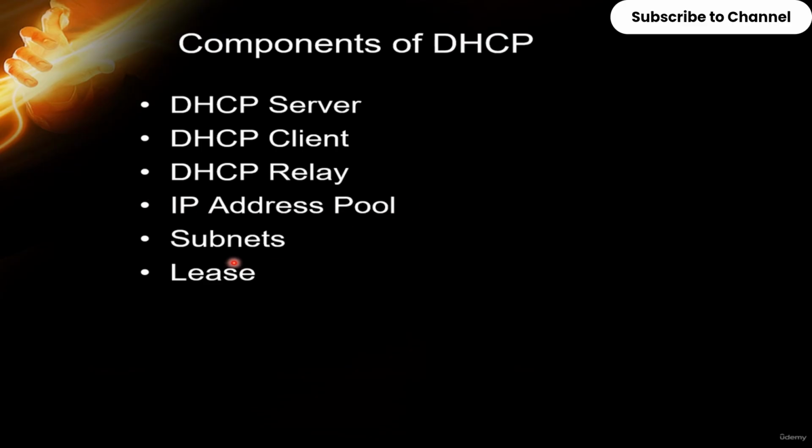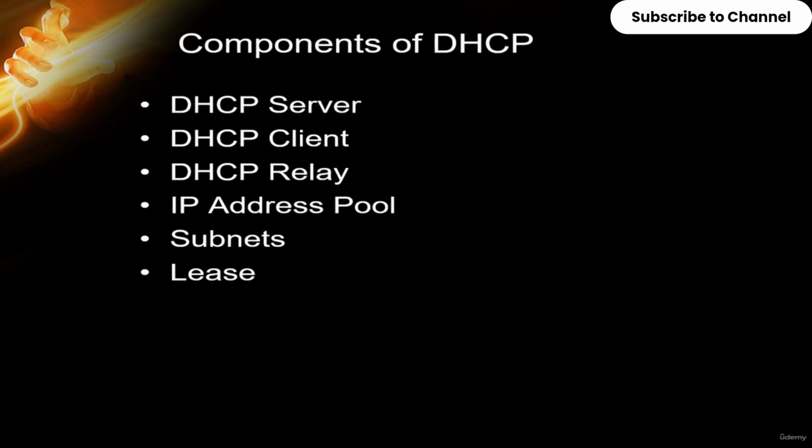Then the subnet maintains a partition of the network controlled by the DHCP server, and each section, like section A, section B, has its own subnet. And finally, lease. Lease is the duration for which the data obtained from the server is valid, and it talks about the expiration of the communication.